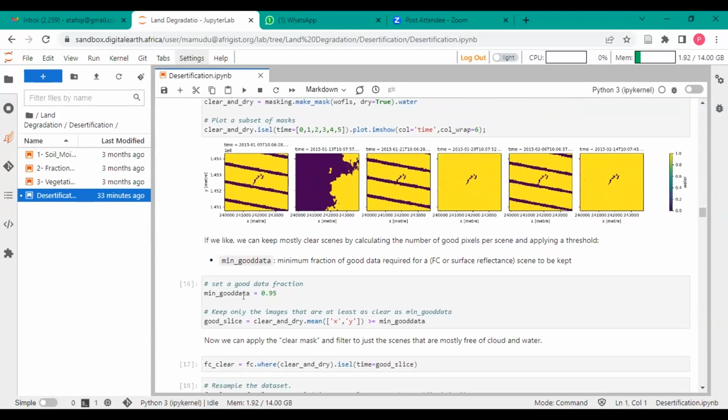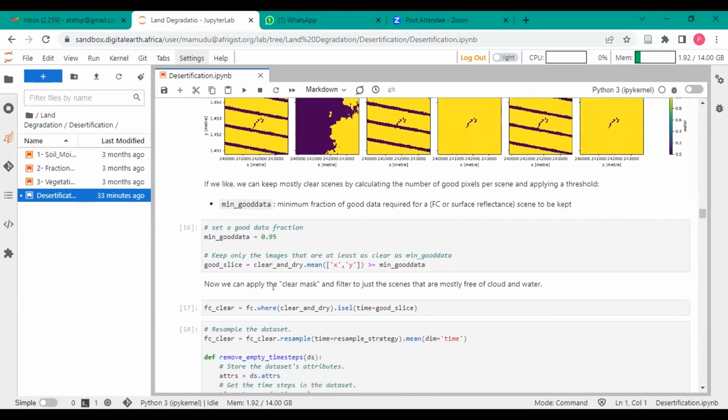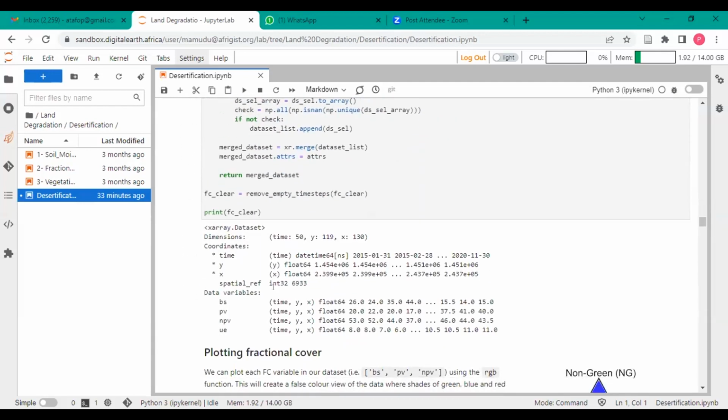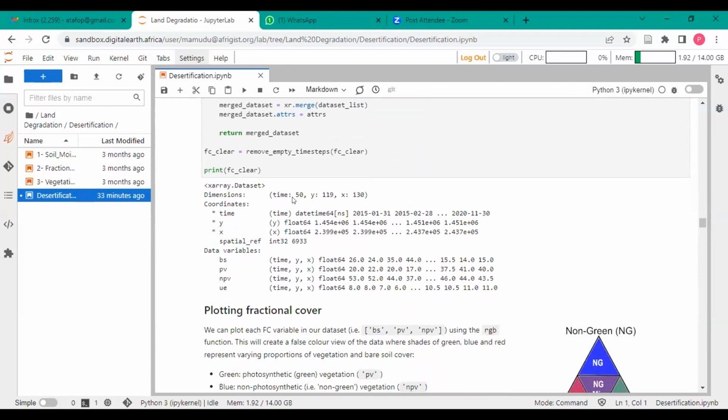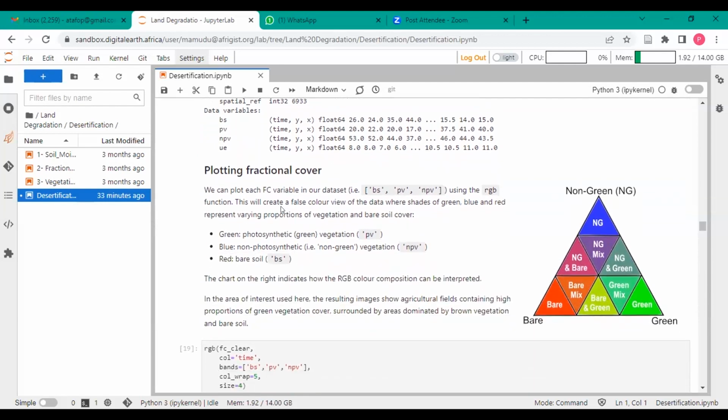We now select the data set available based on a 0.95 minimum good data. And by the time we run that, we only worked with about 50 images from the 227 that we got earlier. Now, based on these images, we're now able to run the fractional cover.